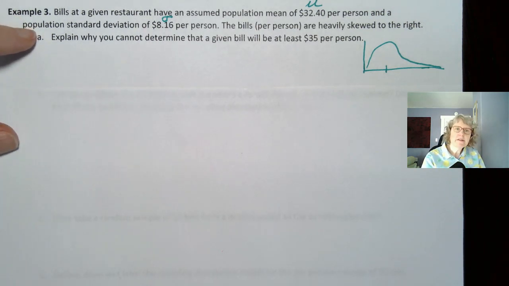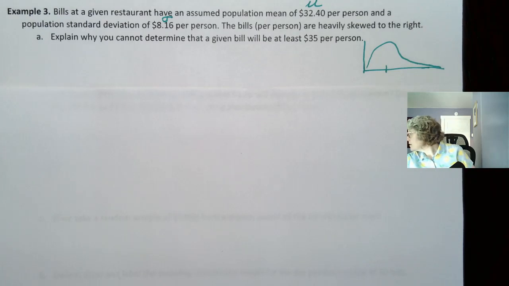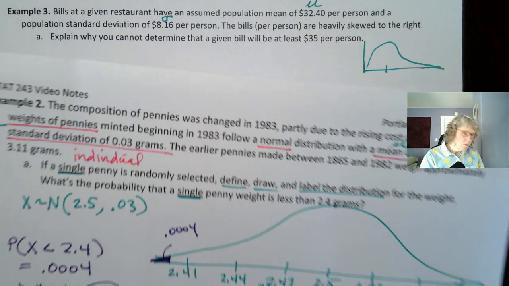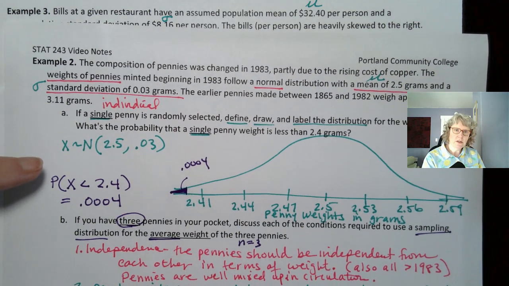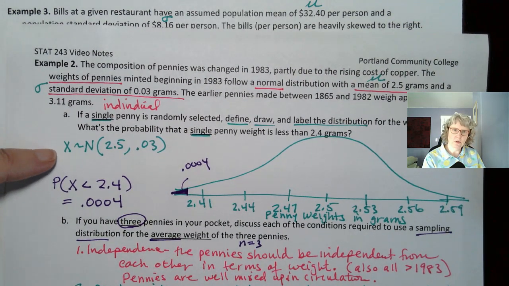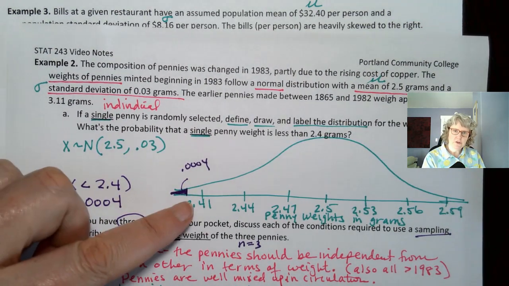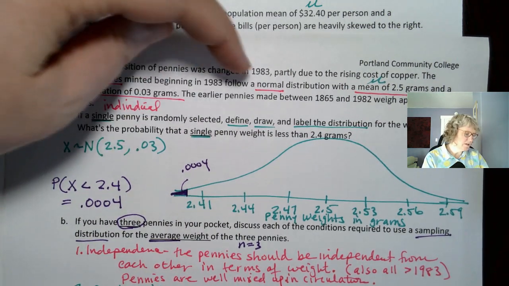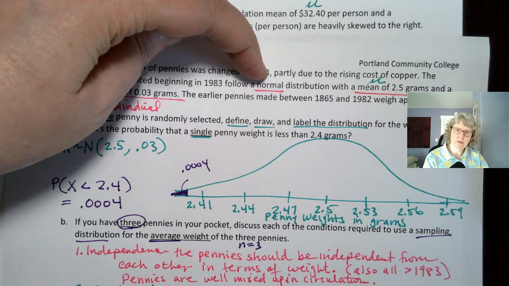This question says, explain why you cannot determine that a given bill will be at least $35 per person. Remember the one we just did with the pennies? With the pennies, we could do a graph and a distribution for individuals, because they told us it followed a normal distribution, right?